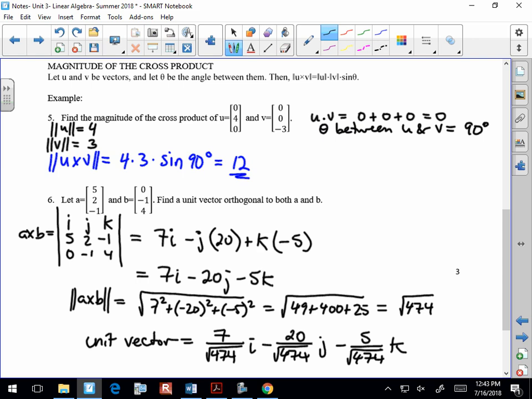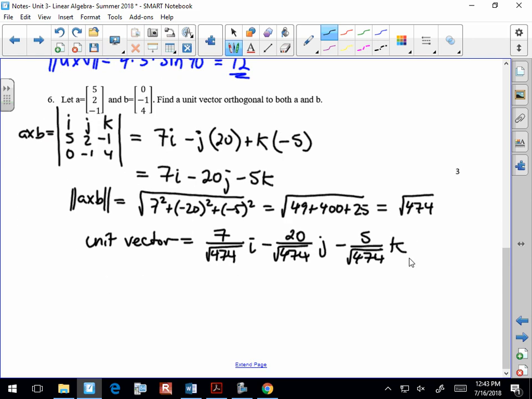Okay, so remember, a magnitude is necessary one way or the other if you're finding a unit vector. It's a question of whether you want to find the magnitudes individually and use your cosine formula to come up with the angle, or you use the formula either way. The vector divided by its magnitude is the unit vector. So forget about that.